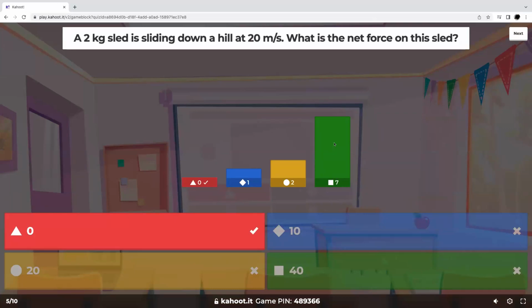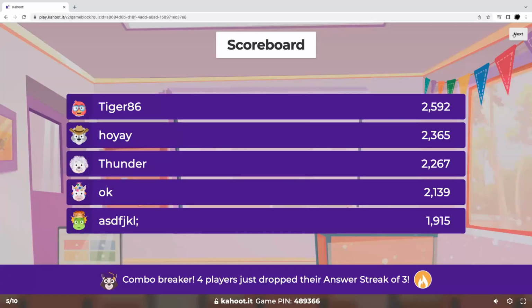In this case, the sled is just sliding down the slope. It is not accelerating. It's simply moving down the slope at a constant speed, which means there is zero acceleration. So mass times acceleration, 2 times 0, is just 0. You're going to see questions like this every now and then, so make sure you don't get tricked.